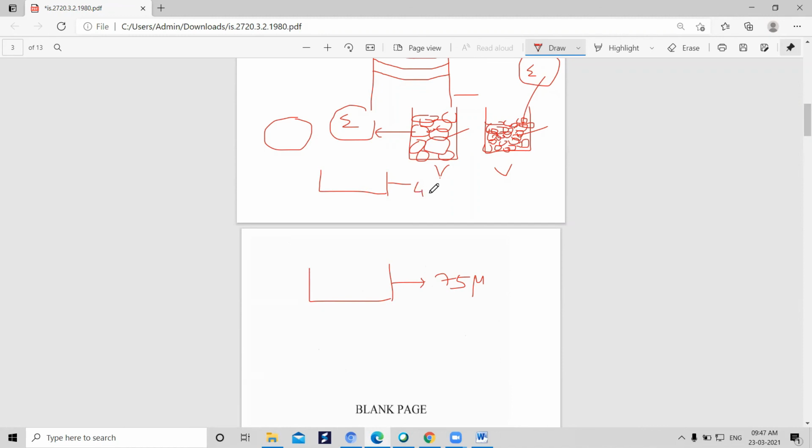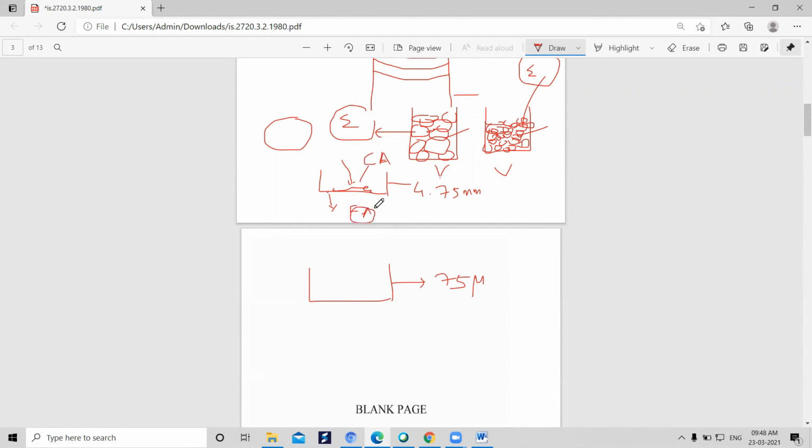The sieve is 4.75 mm. If I sieve some material, what passes down is known as fine aggregate, and what is retained over here is known as coarse aggregate. Clear enough? Yes or no?